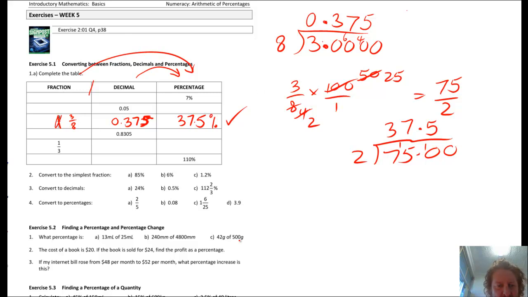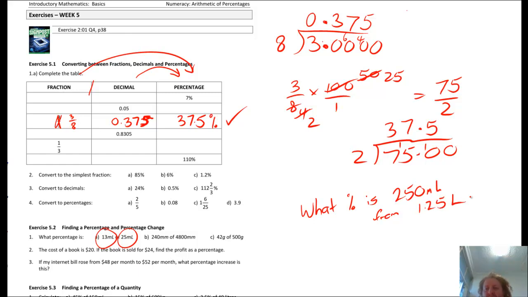We've got percentage change. Remember, it's just comparing whatever you're discussing over the total. Make sure the units are the same. Looks like I've got nothing sly in there, but if someone said, what percent is, say, pouring a 250ml cup of Coke from a 1.25 litre bottle. I'm comparing 250 mils to 1.25 litres.